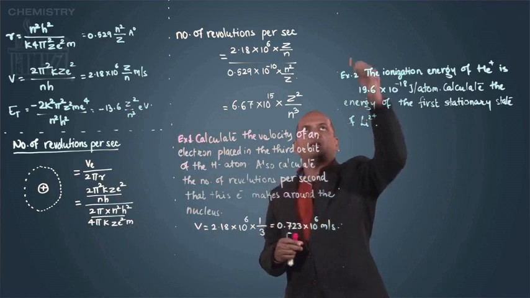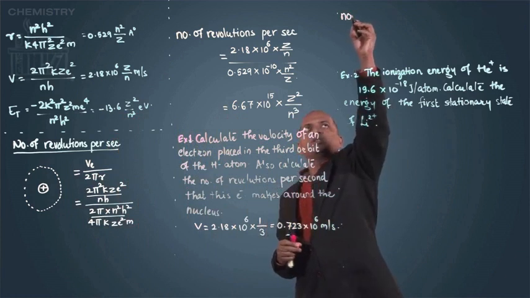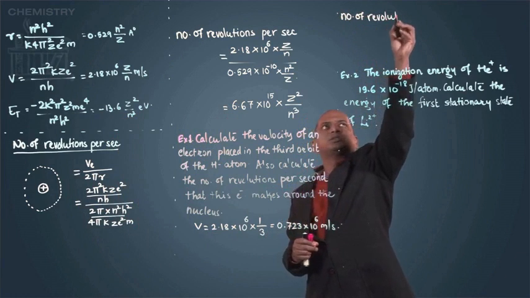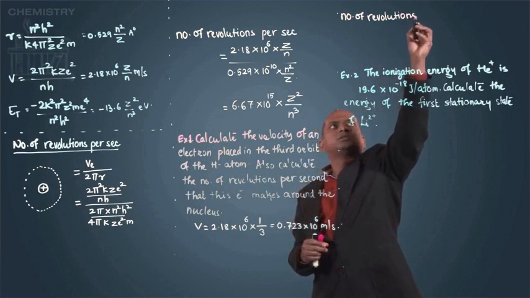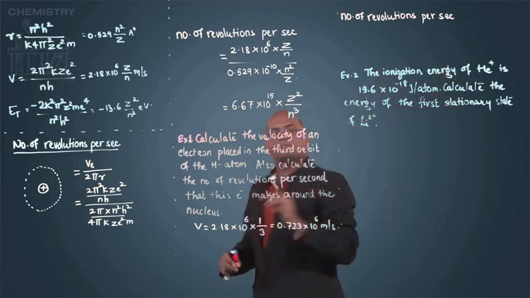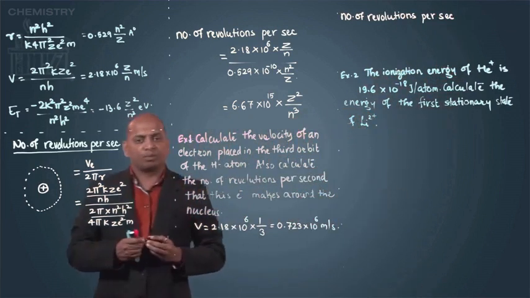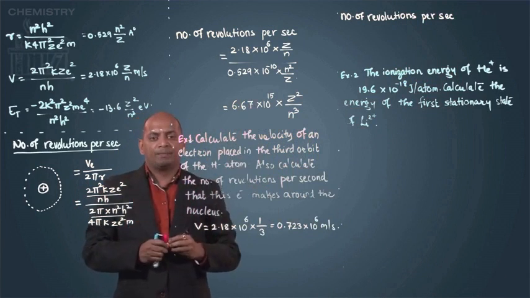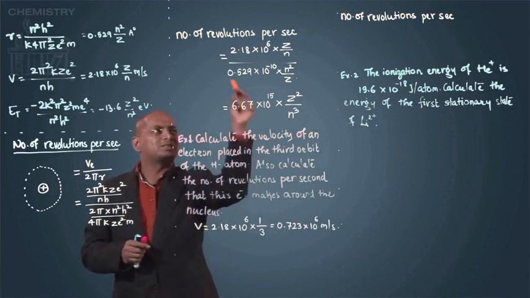Now how will we calculate the number of revolutions per second? That is the beauty of solving such a problem, if we know how we are arriving at the formula, because we know this concept.